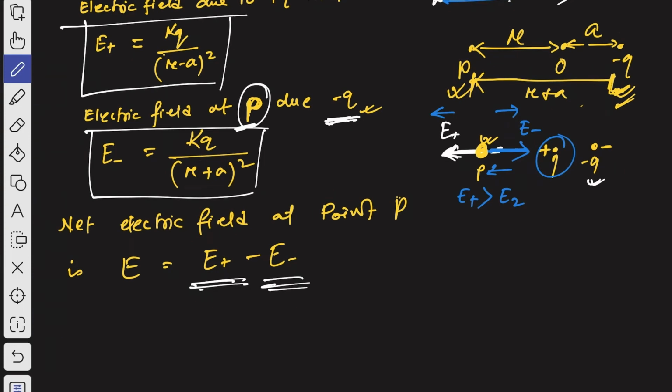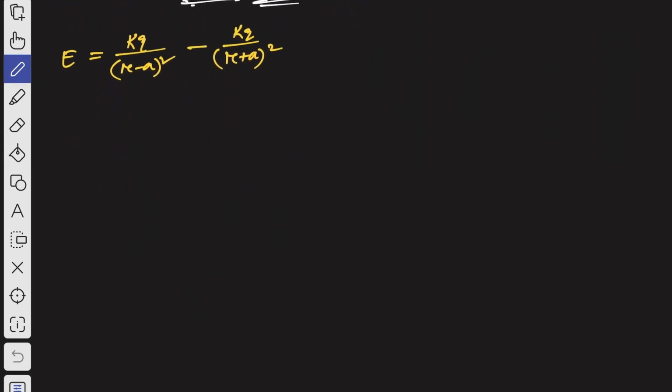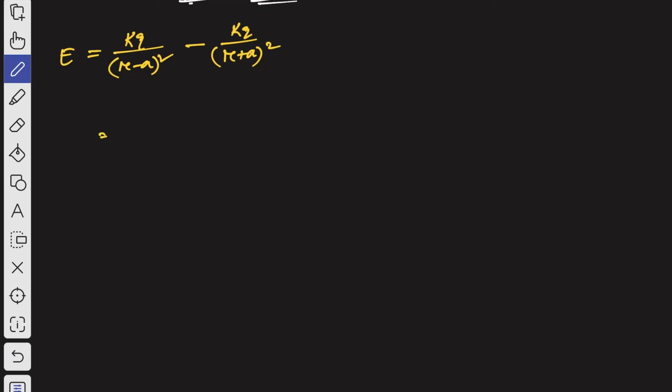If you do so, let me write here, then you will get E is equal to KQ by R minus A whole square minus KQ by R plus A whole square. Okay, you will get this. Now let us take KQ common.